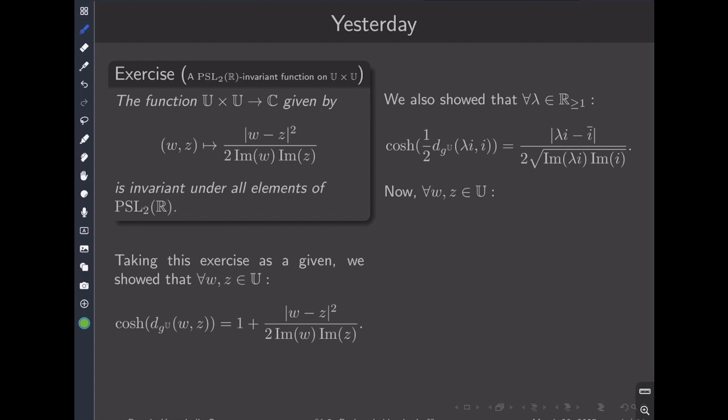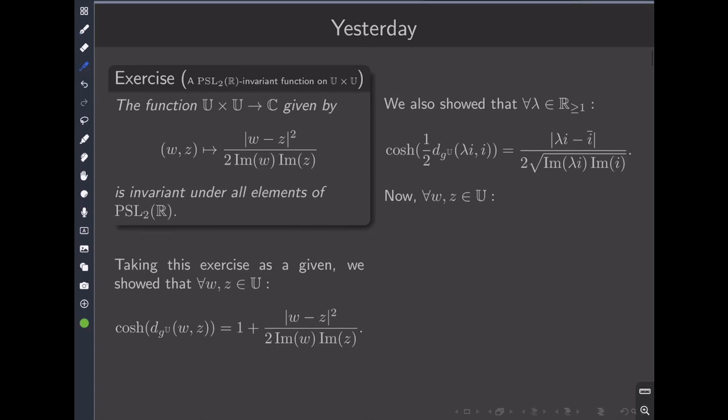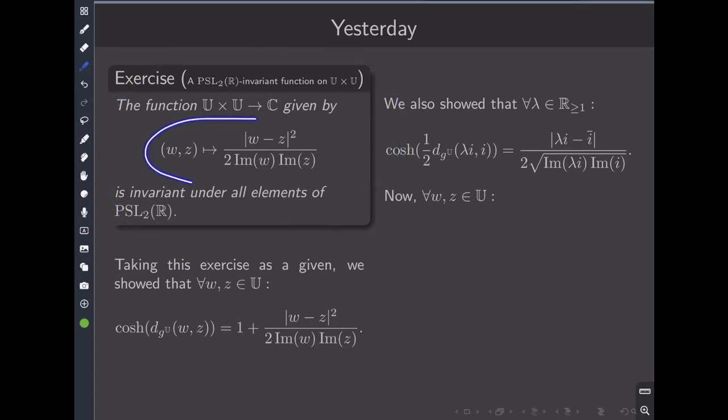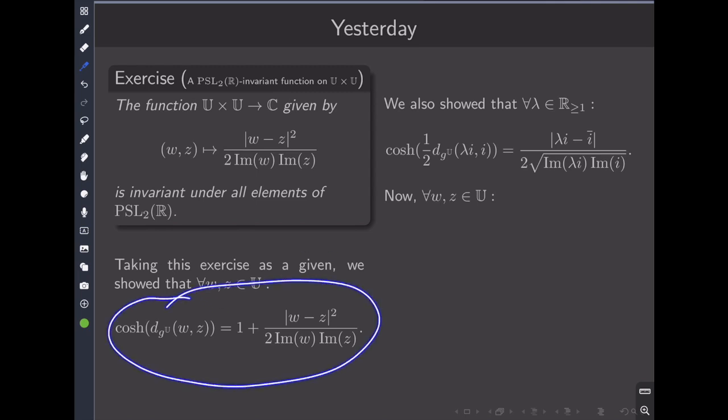So let's see. Yesterday we left this as an exercise, for this function defined on U cross U, and then taking it for granted, we showed this. I'm not going to repeat exactly how we did it.